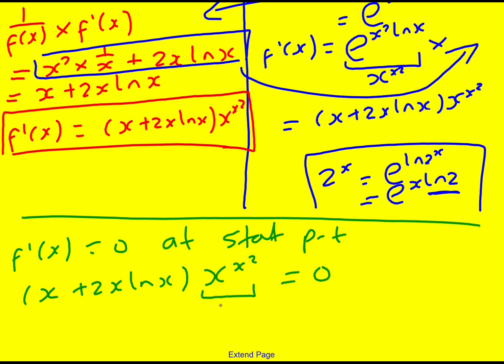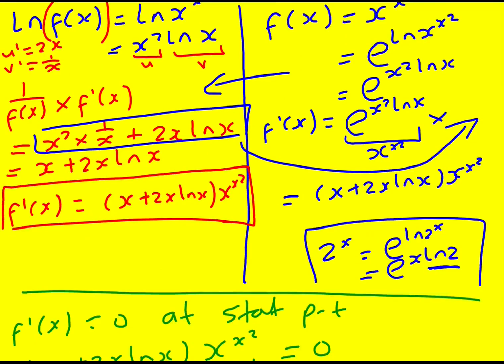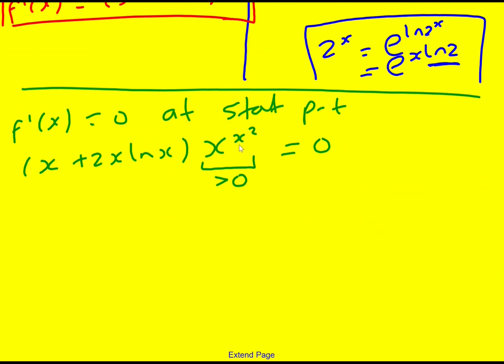But this thing is always going to be greater than 0, just like an exponential is always greater than 0. Remember, we're also told that x is greater than 0. Actually, that's important because if x was negative, then it'd be a slightly different scenario. But we can just quote that here, and that means we can divide through by it, leaving us x plus 2x ln x equal to 0.